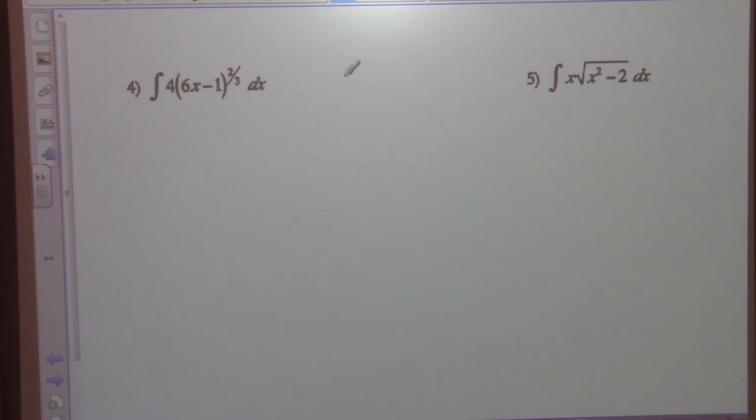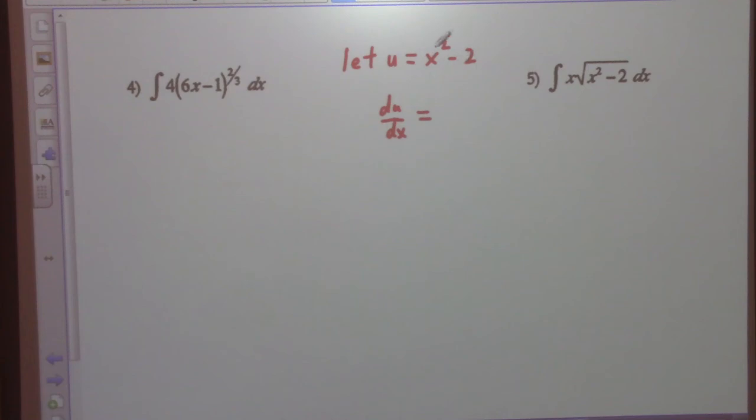Okay, here. First of all, Gavin, what is u going to be equal to? x squared minus 2. Okay, good. Then what? du/dx is equal to what?